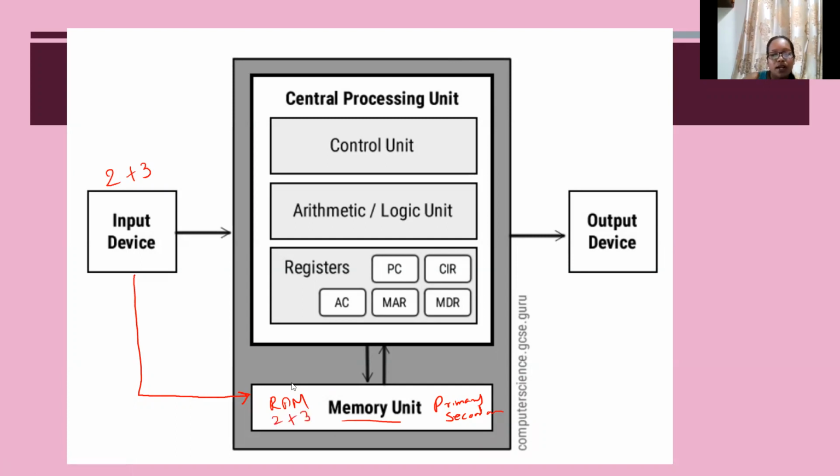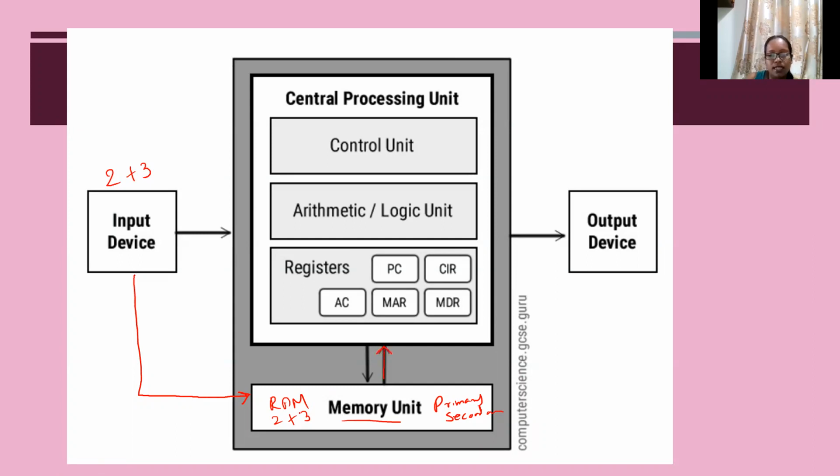Now, in order to calculate that 2 plus 3, the CPU, the central processing unit, which is this whole part, has to take that data from the RAM. This arrow is just for that.